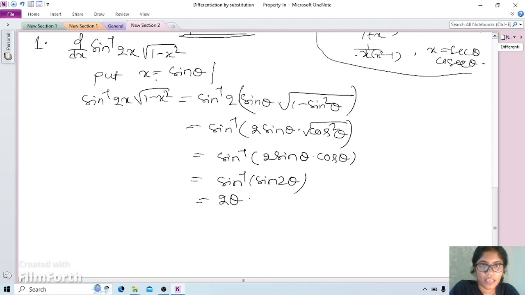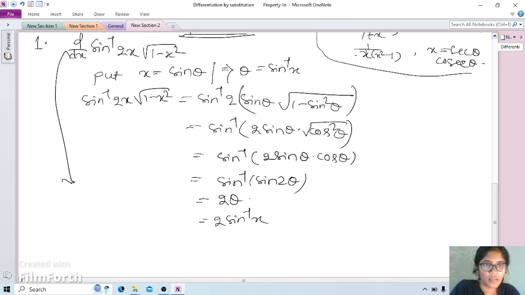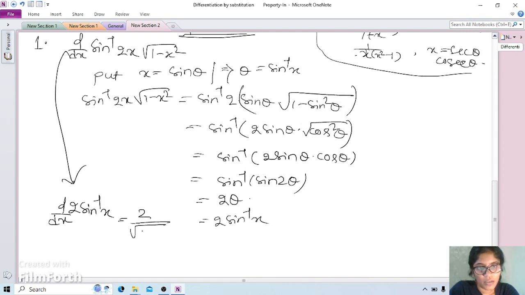Here x equal to sin theta implies theta equal to sin inverse x, so it becomes 2 sin inverse x. Now d by dx of 2 sin inverse x is equal to 2 by root of 1 minus x square, taking 2 as constant and the derivative of sin inverse x equal to 1 by root of 1 minus x square.